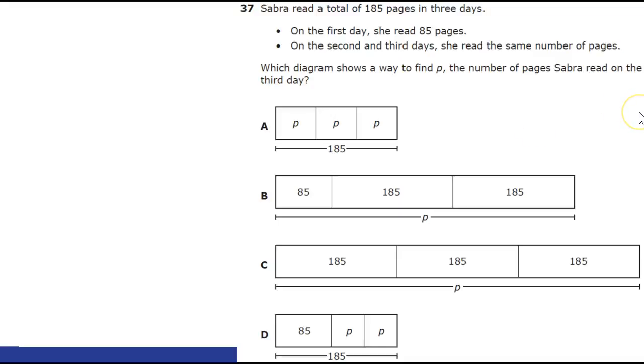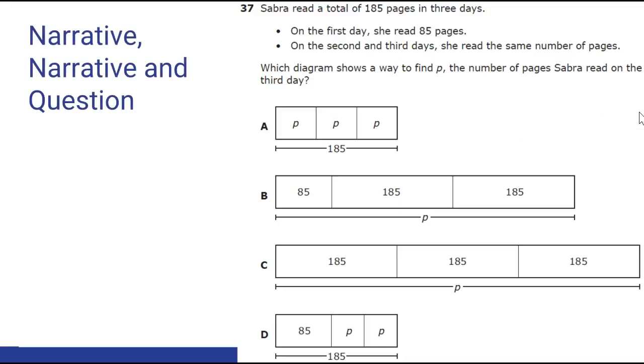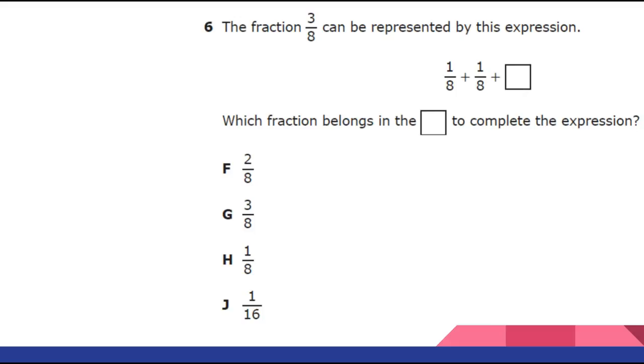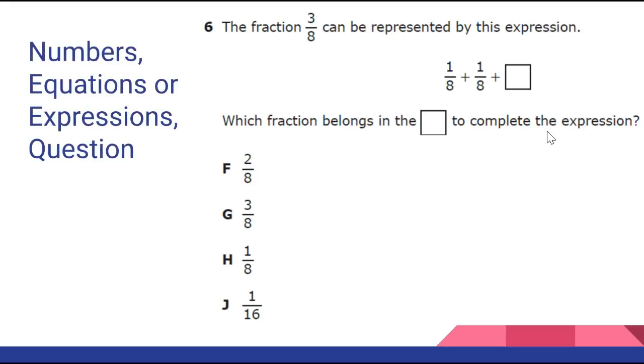So this one would be a narrative, narrative, and question. And then number 6. Number 6 has a narrative, but then after the narrative, you see an expression, and then a question. So this one is numbers, equations, or expressions, and then a question.